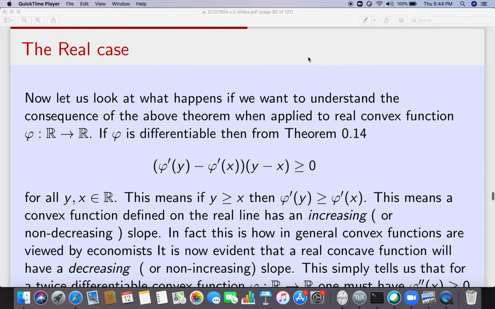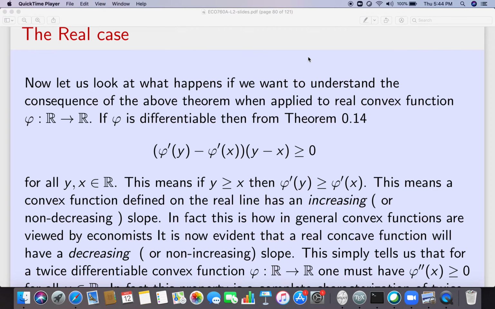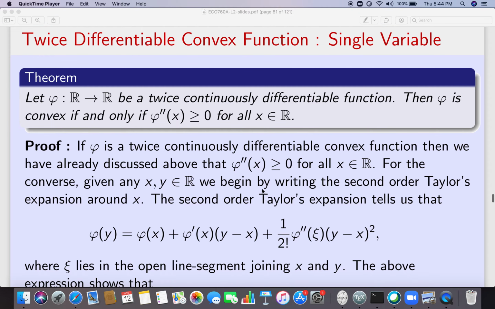Because what has happened is that we have used the monotonicity property, and we can show from this that whenever y is greater than x, phi dash y is greater than phi dash x, which means that if a function is convex, the slope is increasing, that is, the derivative is increasing for a single variable function, which means the second derivative at every point is greater than or equal to 0. So the first part of the result is known.